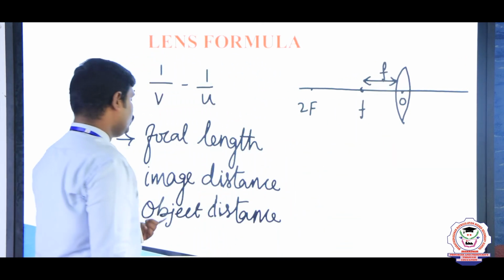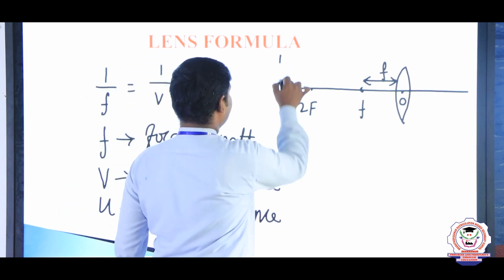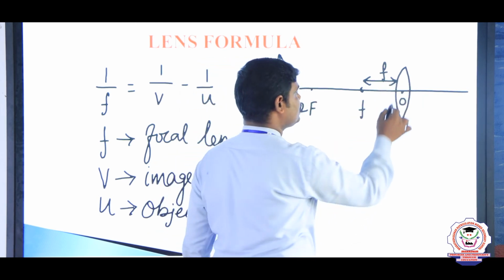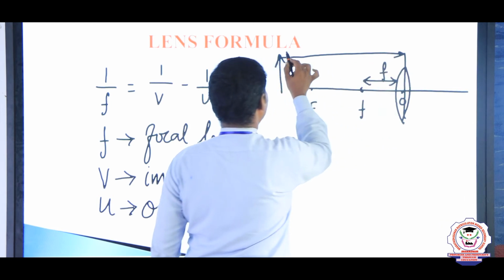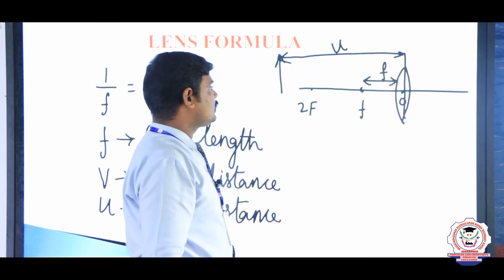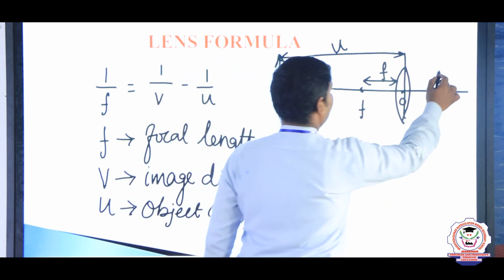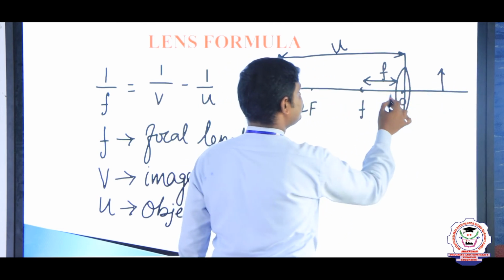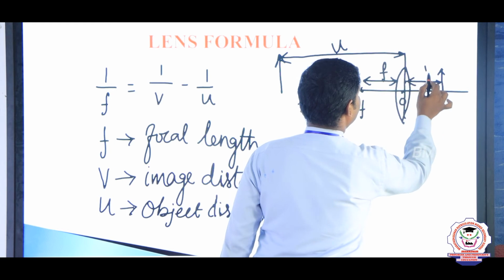Next u. u is nothing but the object distance, the distance between the object and the center of the lens, which means the optic center. This is u. Next, image distance. Suppose the image forms here, the distance between O and this image is v.